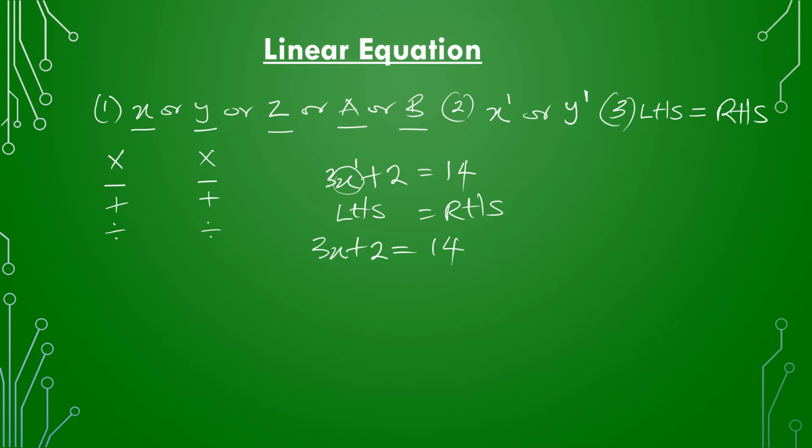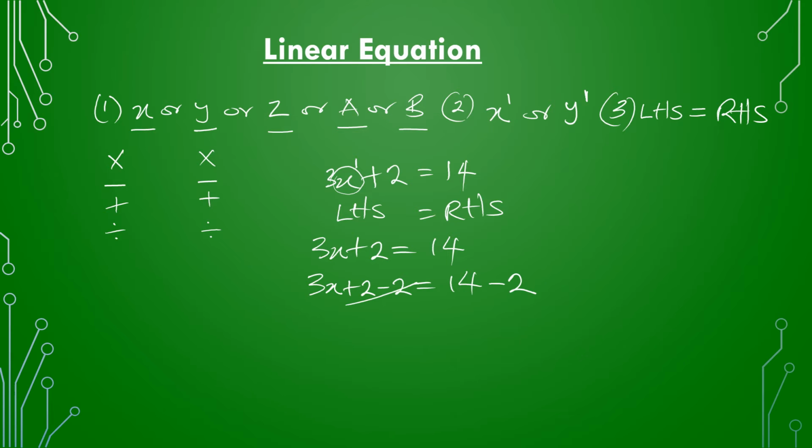We want to solve for x. We subtract 2 from both sides. You will now have 3x plus 2 minus 2 equal to 14 minus 2. We are subtracting 2 on the left-hand side, and we also subtract 2 from the right-hand side.